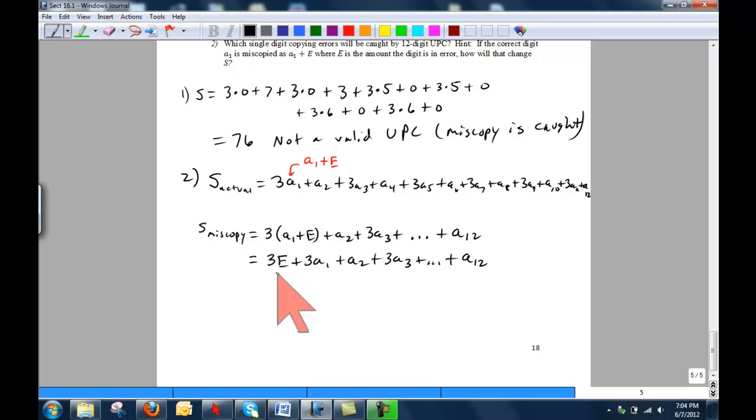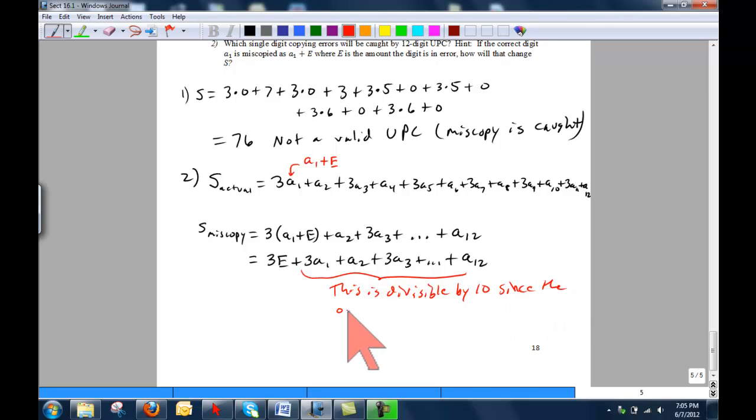In other words, for which values of E is this divisible by 10? Well, we know this part is divisible by 10, since the original UPC was valid.